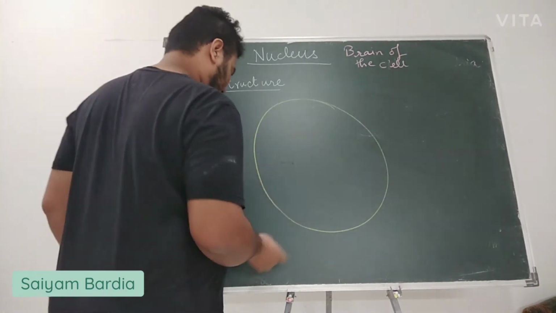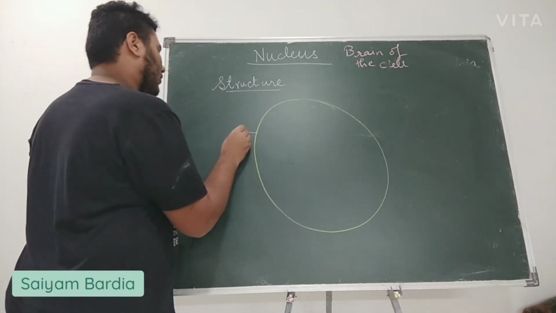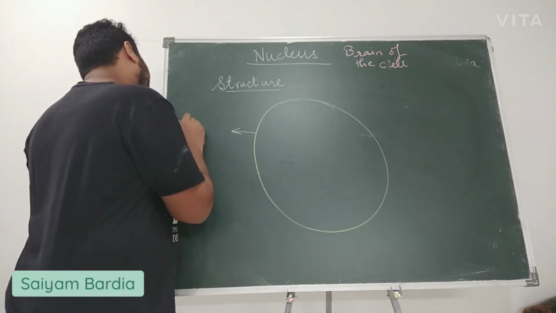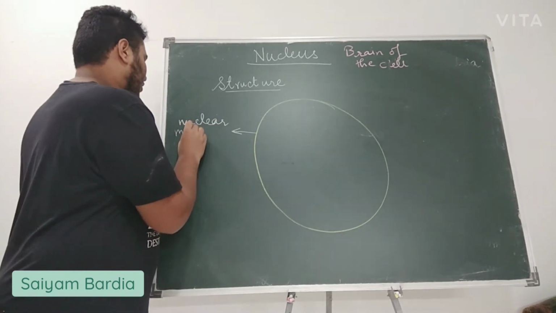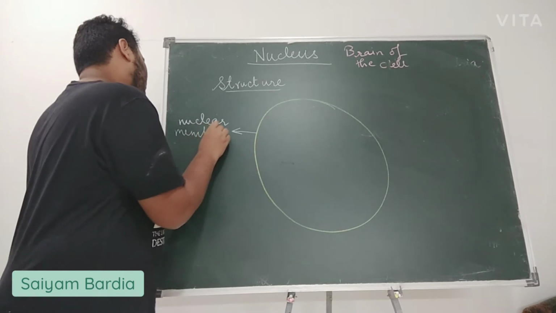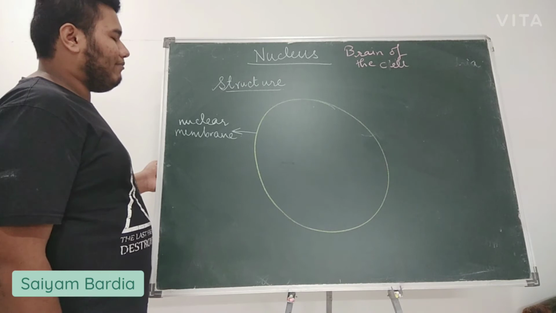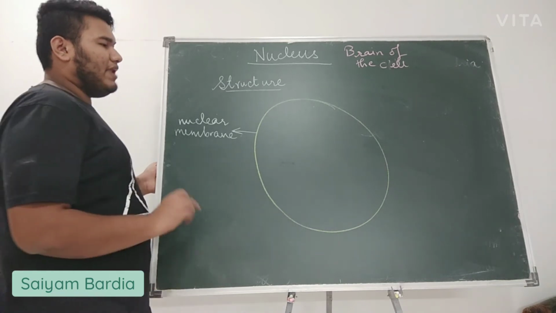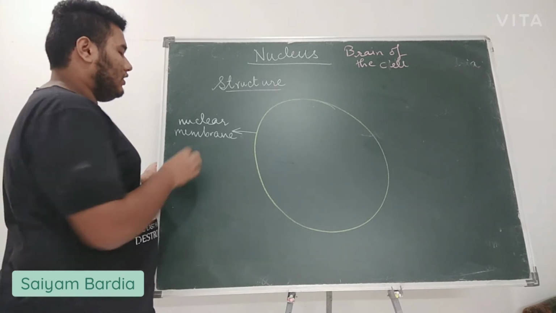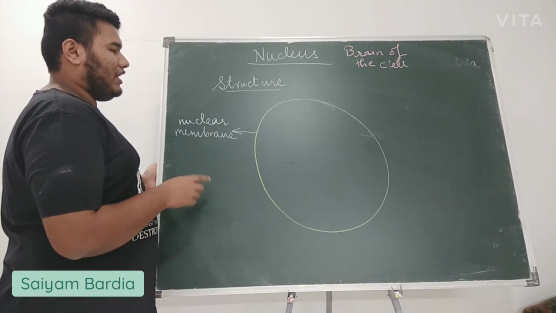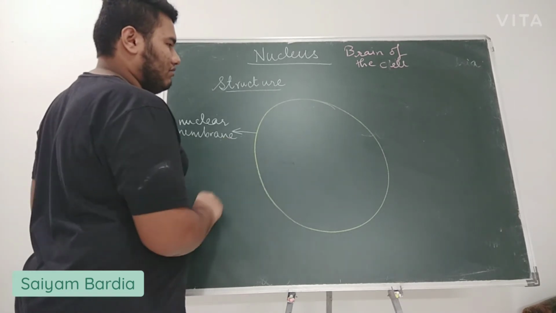Nucleus has a membrane called the nuclear membrane. Okay, this nuclear membrane is present only in eukaryotic organisms. So the nuclear membrane is present outside the things in the nucleus.